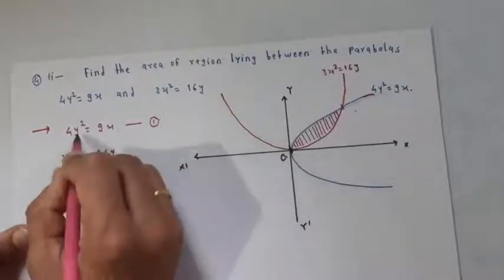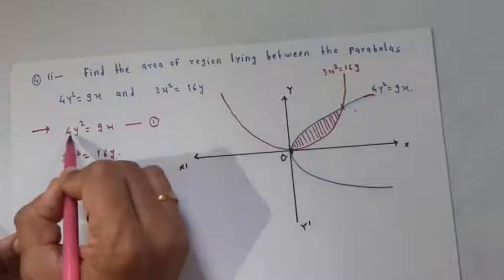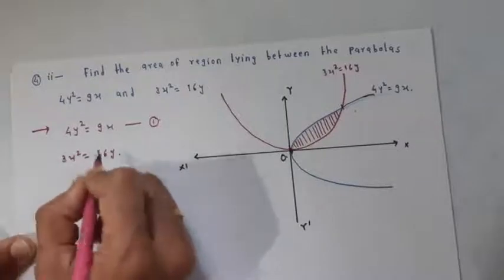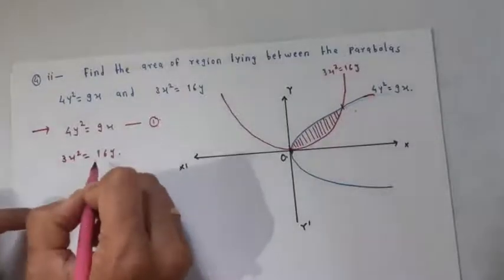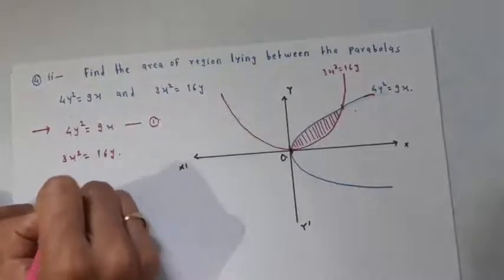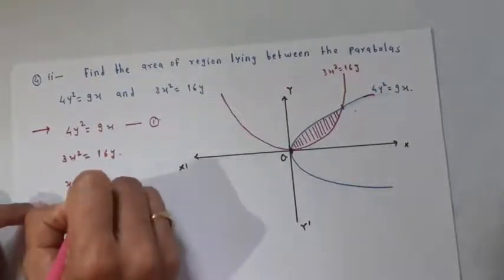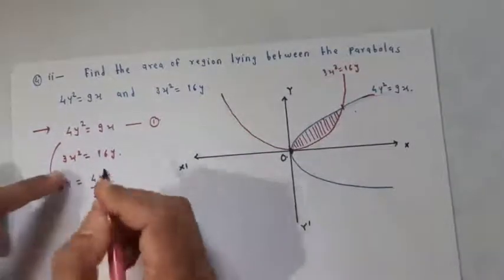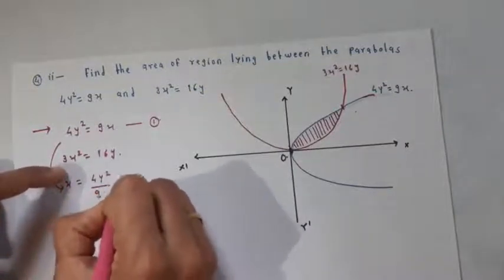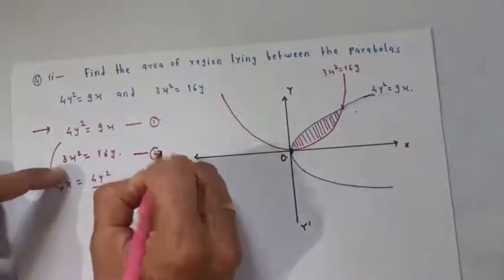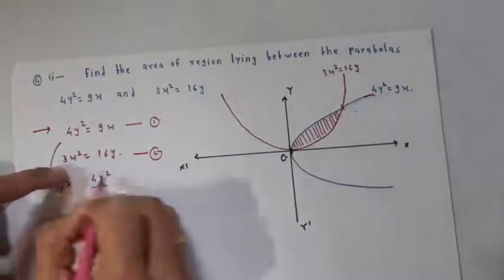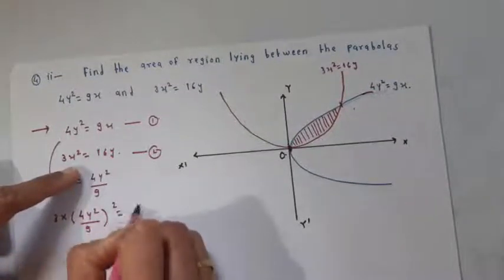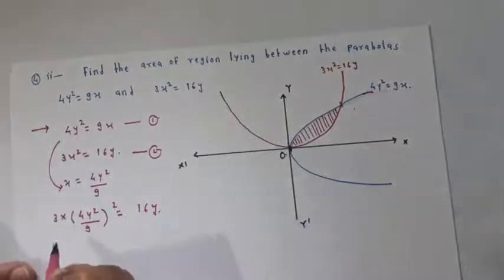From the first, x equal to 4y square upon 9. Put this value into equation 2, we get 3 into (4y square upon 9) whole square equal to 16y.